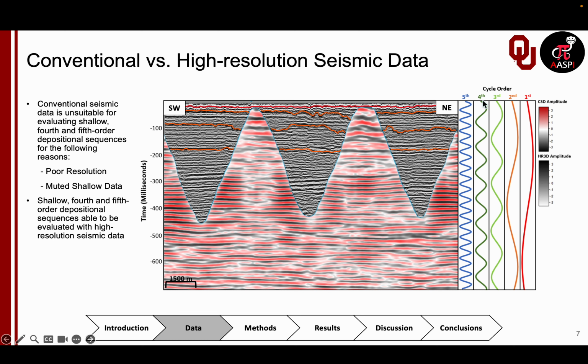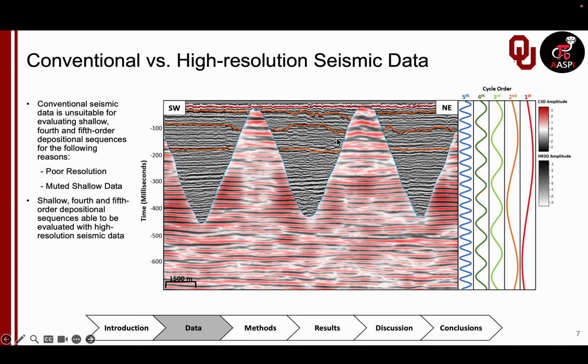However, when you get over here to these fourth and fifth order depositional sequences, these higher frequency depositional sequences, we can see that this conventional seismic data will struggle to really detect or more specifically resolve these depositional sequences. While they might show up as a single peak or trough, or maybe a couple or three, there's not going to be as much detail within these sequences to actually do a sequence stratigraphic analysis.